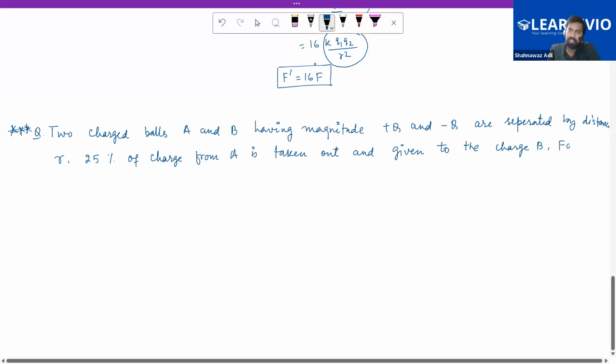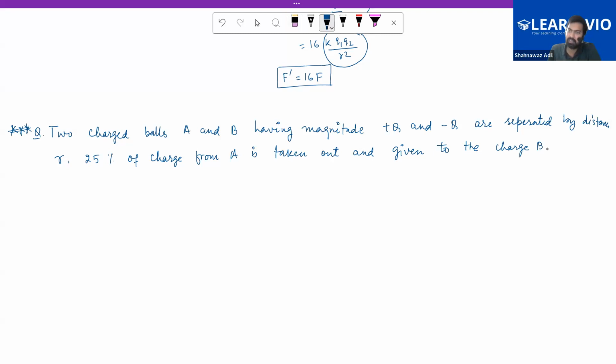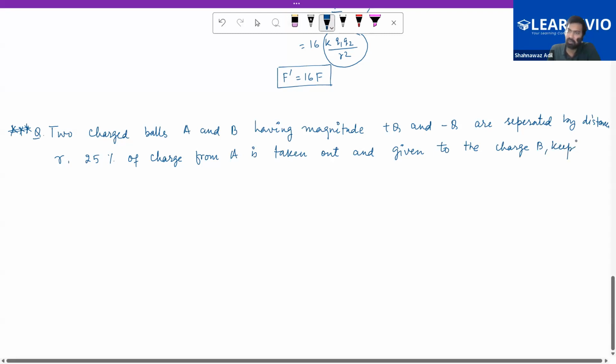Keeping the separation same, find out the relation between old and new force.